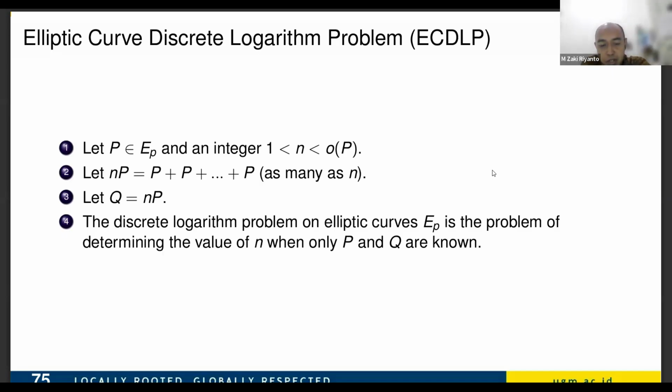Then the discrete logarithm problem is the problem of determining the value of n when only P and Q are known. So that is the discrete logarithm problem on an elliptic curve, or we call it the elliptic curve discrete logarithm problem, or ECDLP.